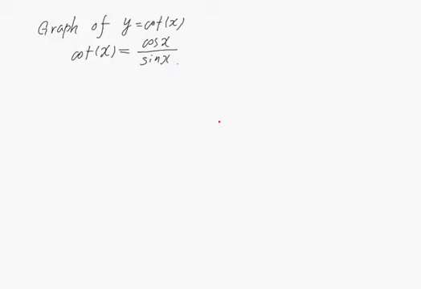At those points at which the denominator is equal to 0, cotangent x has vertical asymptotes. Sine x equals 0 holds if and only if x is equal to k pi, where k is an integer.